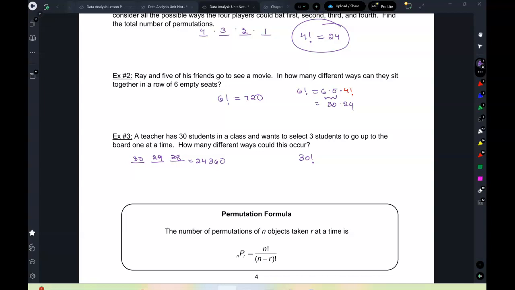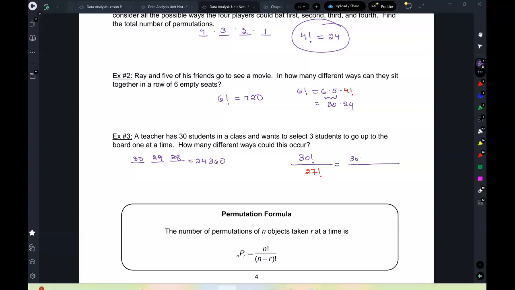So after the 28, what factorial do you have left? 27 factorial, right? So imagine you have 30 factorial. This would be 30, 29, 28, 27, 26, 25, and so on. Now imagine I divide this by 27 factorial, right? What would remain? Just exactly what I had.